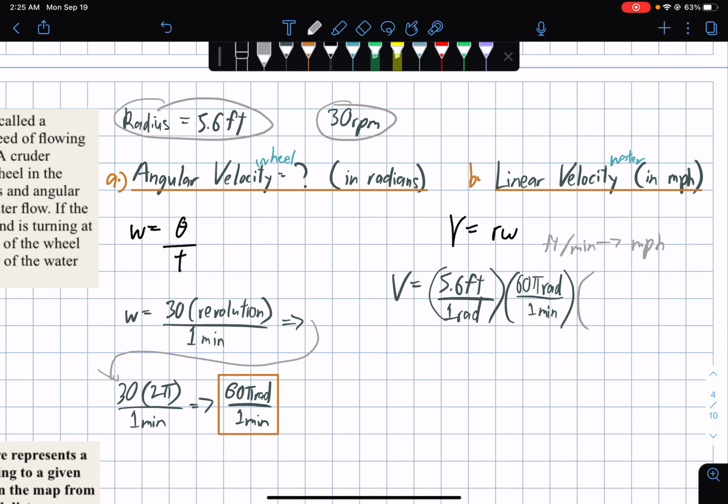So 100 miles is to 1 hour. How many miles is to 0.5 hours? So that's a question now. Technically, the half of 100 is 50 miles.